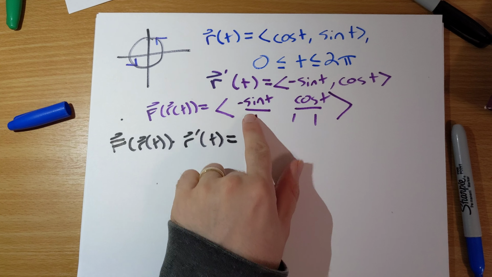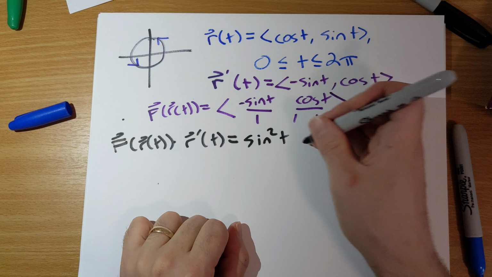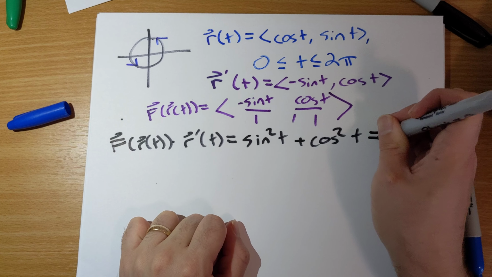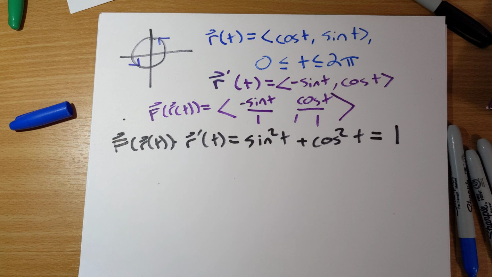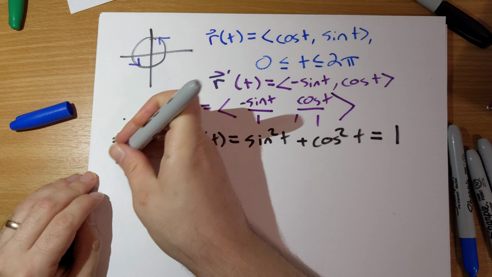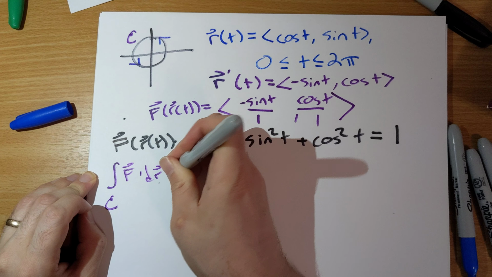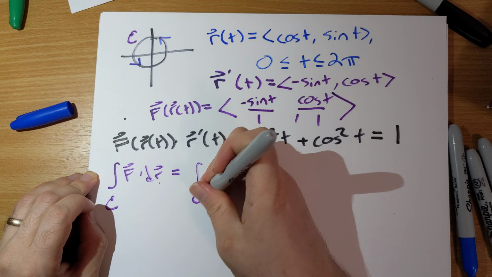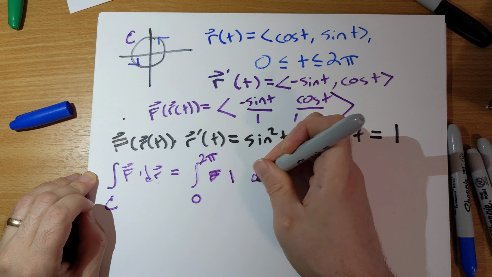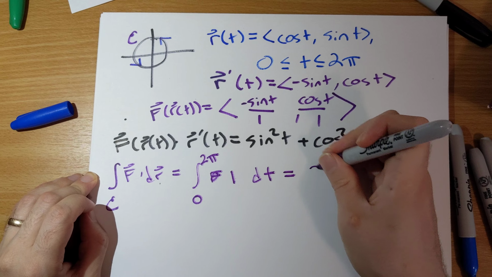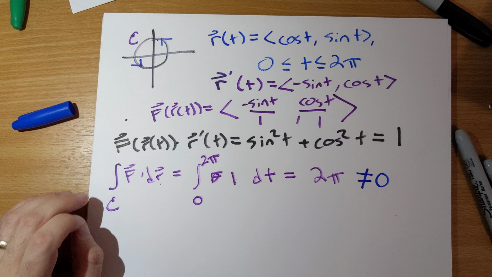So negative sine t times negative sine t is sine squared t. Cosine t times cosine t is cosine squared t. So we get 1 here. And so at the end of the day, the integral over c of f dot dr is equal to the integral, t runs from 0 to 2 pi, of 1 dt, and that's 2 pi, and 2 pi is very much not equal to 0.